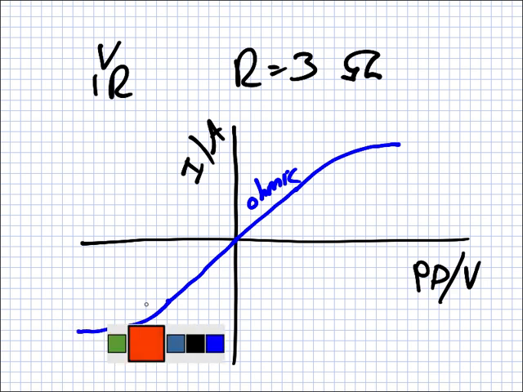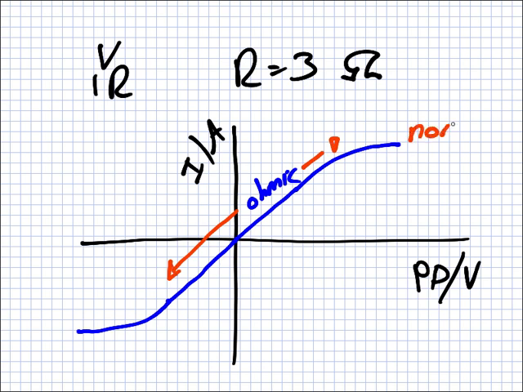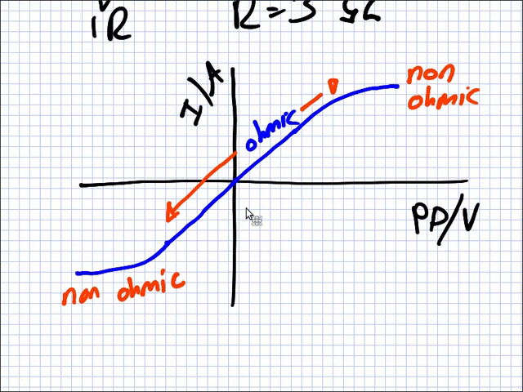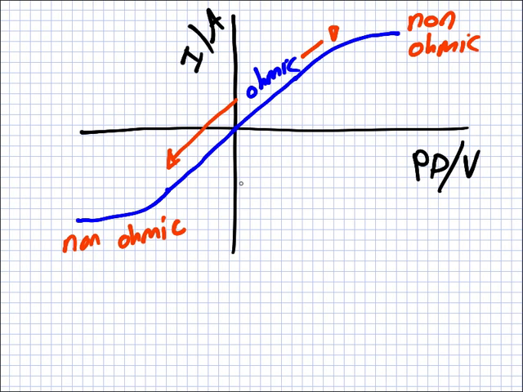So you could say it's ohmic from here to like here, and then outside here it is non-ohmic.